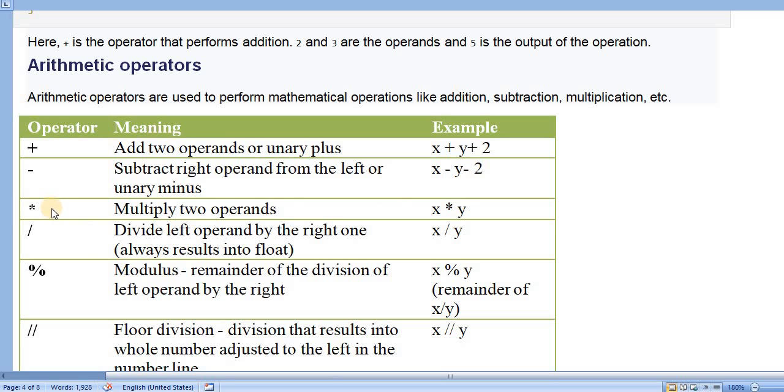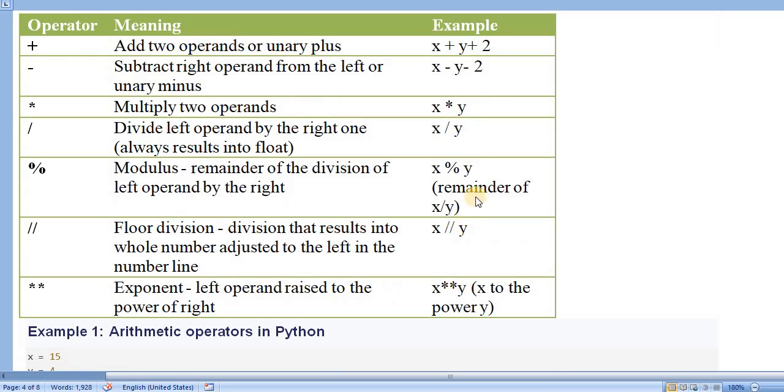And here is the multiply symbol. This asterisk symbol is used to multiply two operands, so x multiplied by 2. Whenever we want to use multiplication, we have to use this operator to multiply the operands.